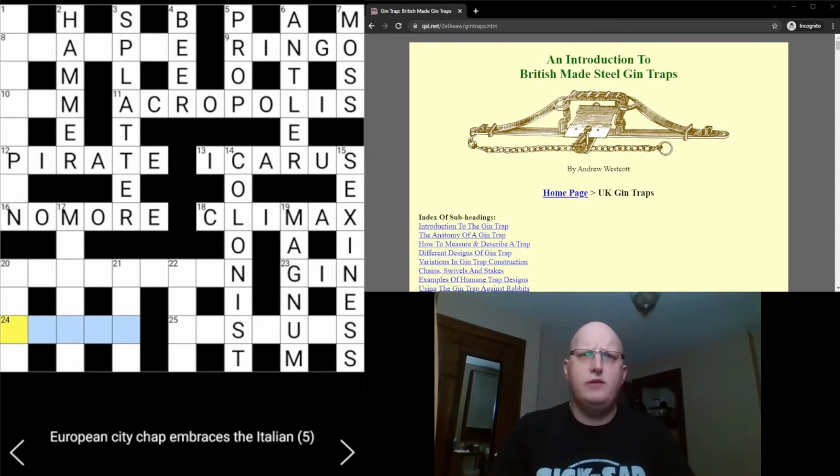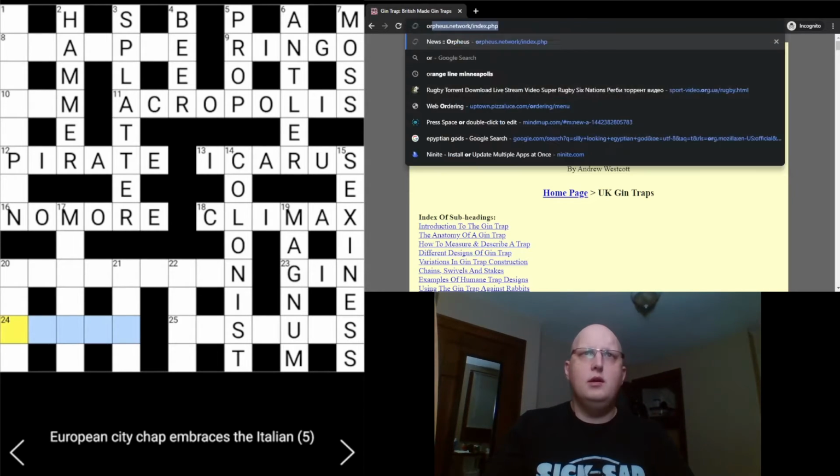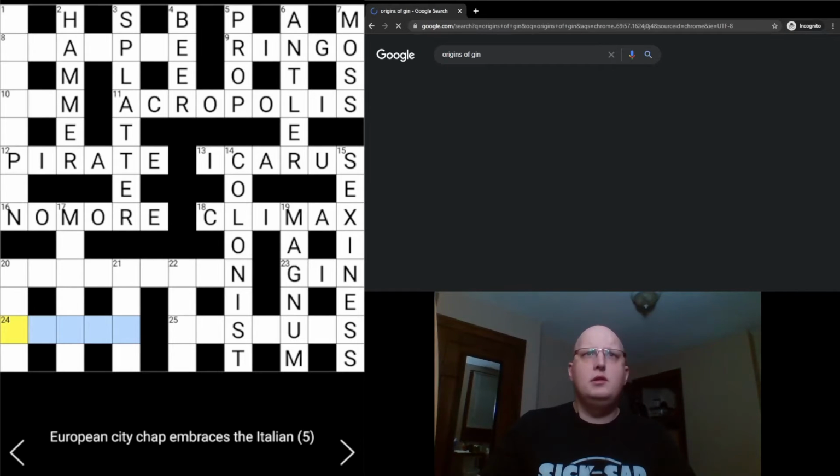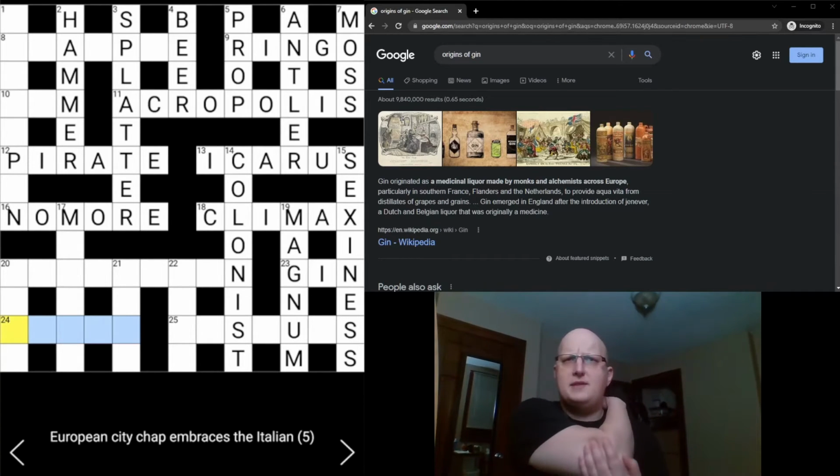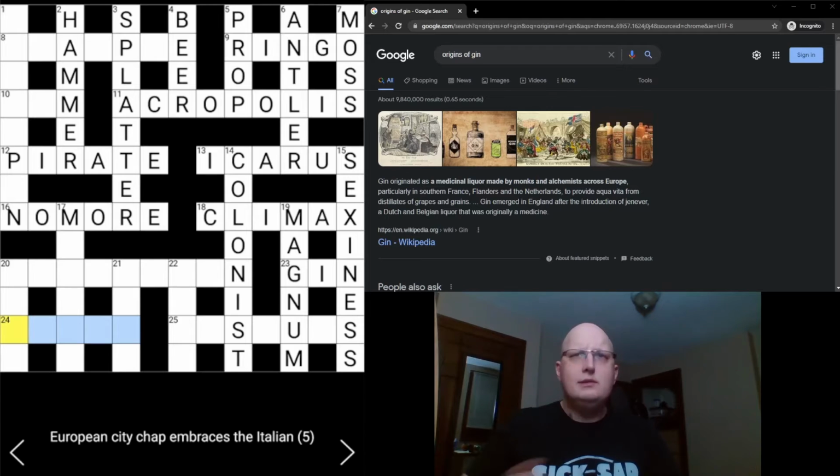Well, gin is also very British. Actually, I don't know if gin is actually British. I know gin is popular in Britain, but origins of gin. Gin originates as a medicinal liqueur made by monks and alchemists across Europe. Wow, okay. Southern France, Flanders, Netherlands. Well, close enough to England. Parts of France were British at some point in the 1300s. I'm sure that counts.